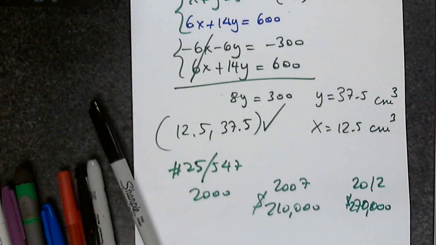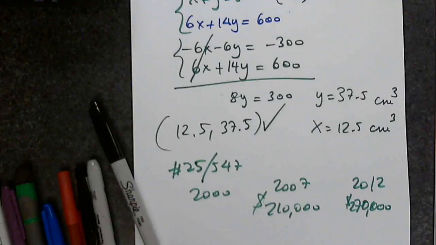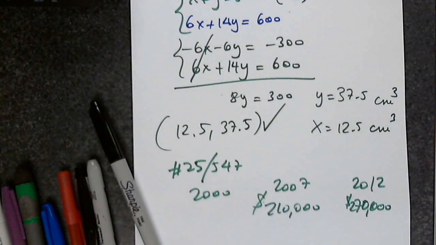Assuming that this relationship between the number of years past 2000 and the value of the building is linear, write an equation describing this relationship. Have to establish which one is the independent variable and which one is the dependent variable. And then write what?